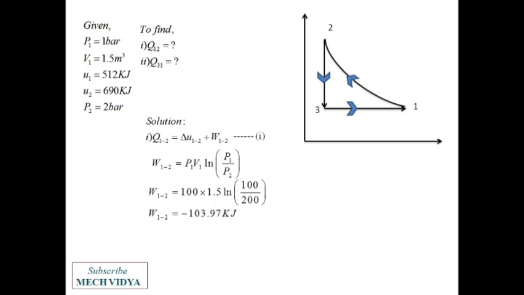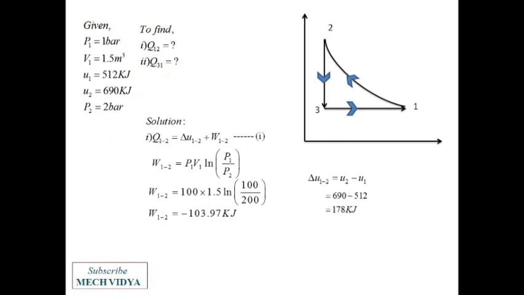Next we have to find del U12. Del U12 is nothing but U2 minus U1, and if you see in the top left portion of the given section, U2 and U1 values are already given. Directly put these values, 690 minus 512, and you will get 178 kilojoule.